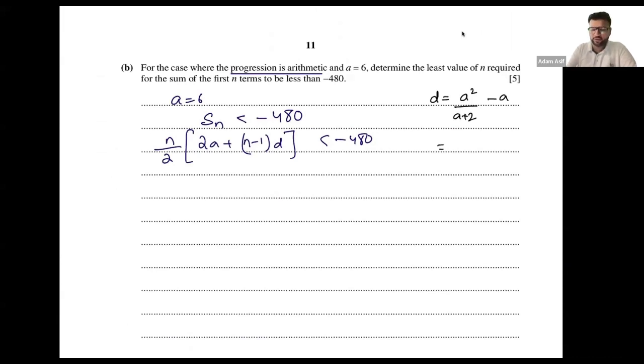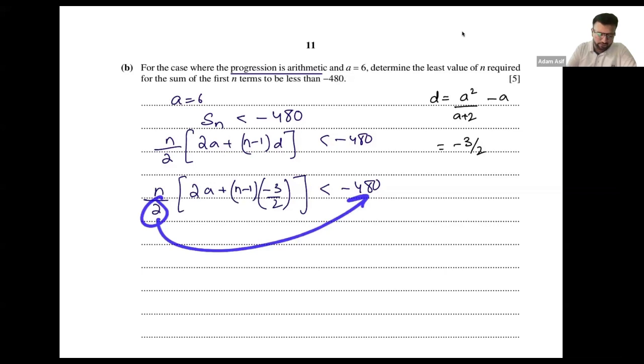So 6 squared divided by 6 plus 2 minus 6. So the difference comes out to be minus 3 upon 2. Okay, so coming back to this inequality, n upon 2, 2a plus n minus 1 times minus 3 upon 2, less than minus 480. Now let's simplify this quadratic inequality.